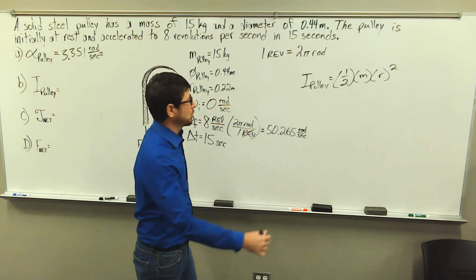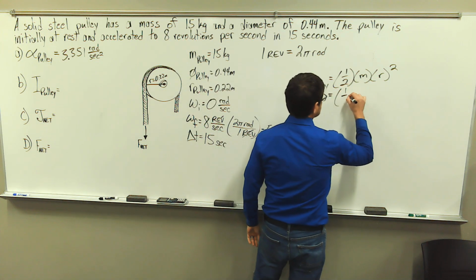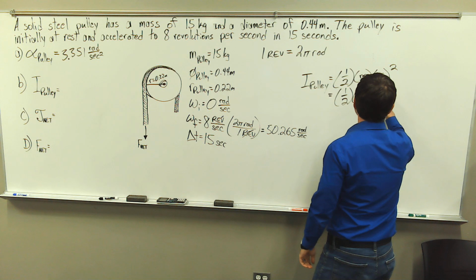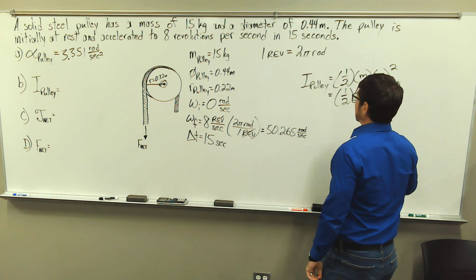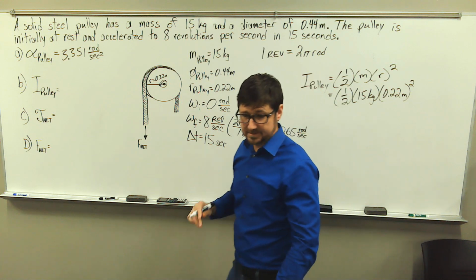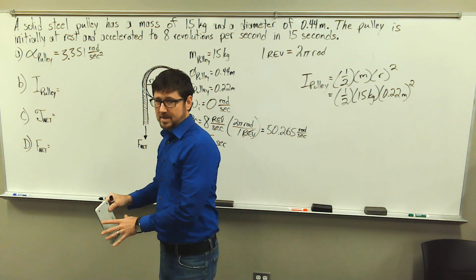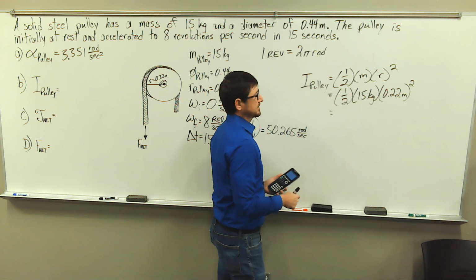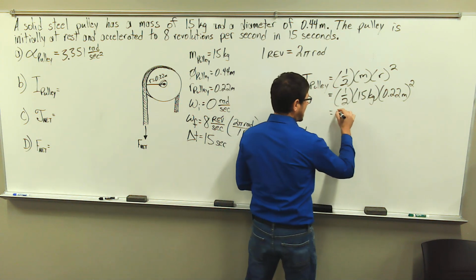So what we have is 1/2 times the mass, and the mass is 15 kilograms, times the radius, 0.22 meters, and that quantity is squared. Okay, so I've got 1/2 times 15, that's going to be 7.5.